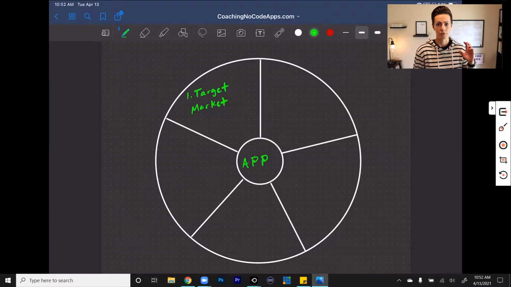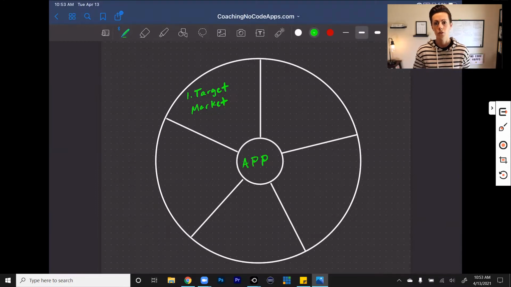A lot of people have an idea first and they don't stop to think about the problem they're solving, the people who might have that problem, what sort of outcomes they need in a solution, right? So this often goes skipped over and is thought about later after the app is built. It's much harder to actually bring users on board if you step back and think about this after you've built your app. So make sure that you have defined your target market, okay?